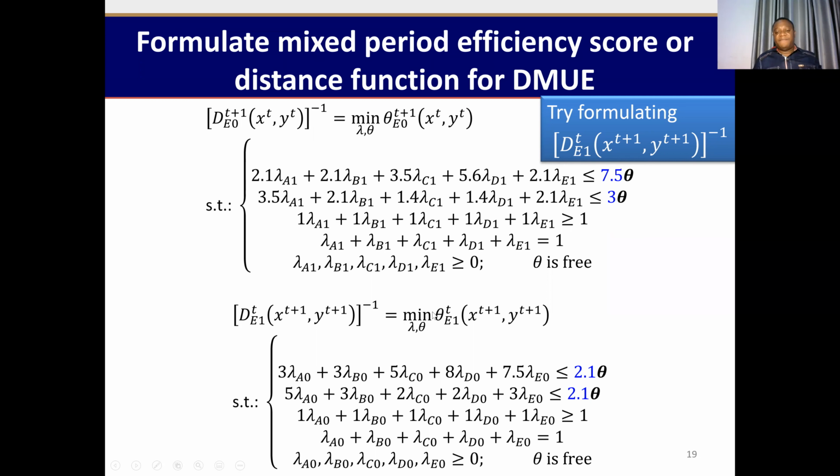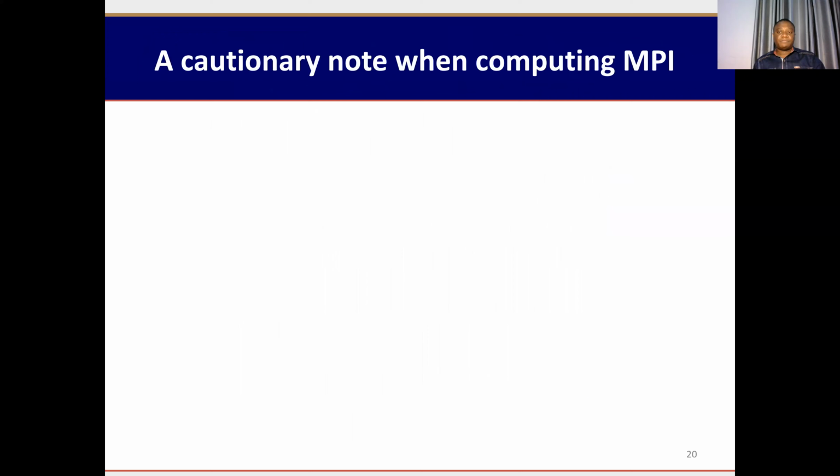And I know that the VRS constraint and the non-negativity constraint are automatic if you have them. So learn how to do these formulations. These are 4 different distance functions. These are 4 different efficiency scores. And you need to know and learn how to formulate each one of them. If you can do that, you're on course.